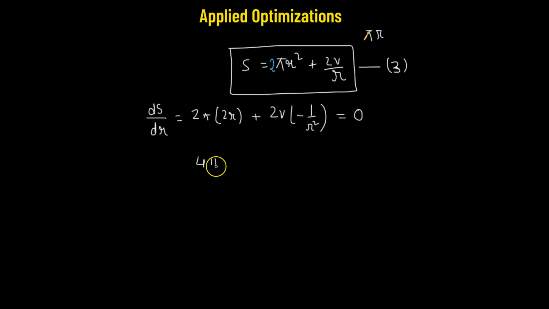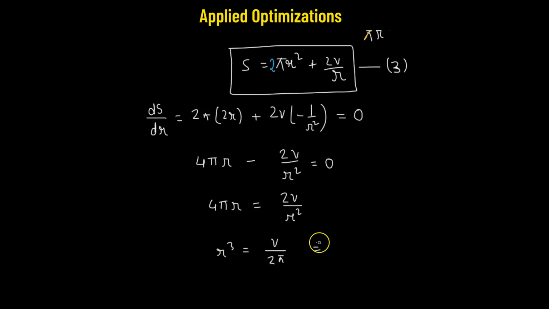So this will be 4 pi r minus 2V over r squared, which is equal to 0, where 4 pi r is equal to 2V over r squared. R cubed will be equal to V over 2 pi. Solving for r, we have the cube root of V over 2 pi.